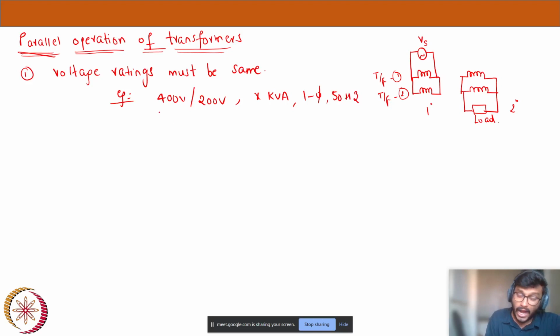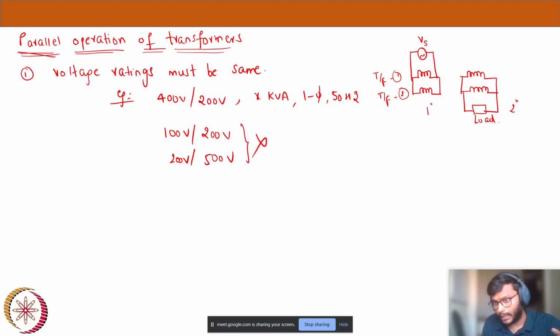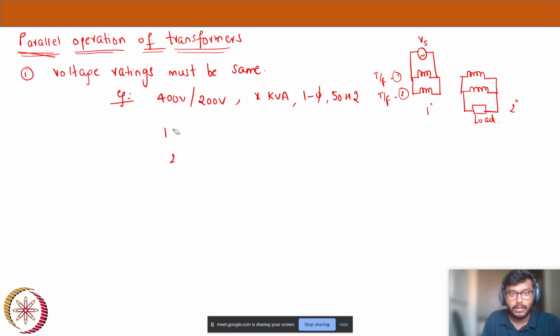Now you can't connect a transformer in parallel with this one if the other transformer's rating is something like 200/500 volts. This kind of connection cannot be made, because the voltage ratings, the LV side and HV side, should match. Then only you can connect the transformers. We will have to make sure about that before connecting any two transformers in parallel.